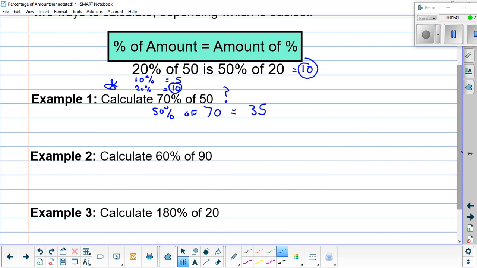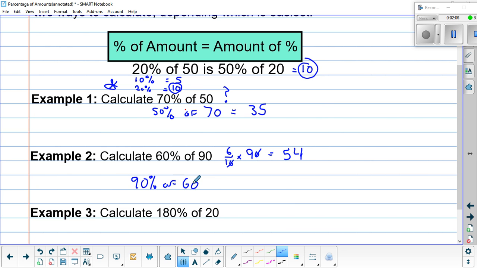Here, what's 60% of 90? Well, 60% is 0.6, so that's 6/10 times 90. That's 54. So I could do it like that. Or, what's 90% of 60?